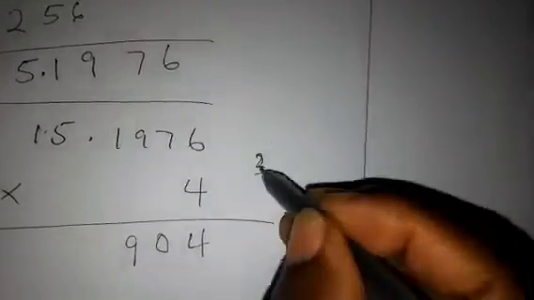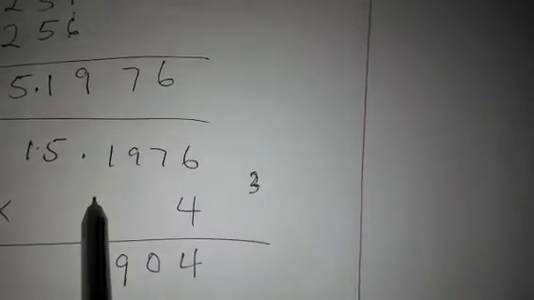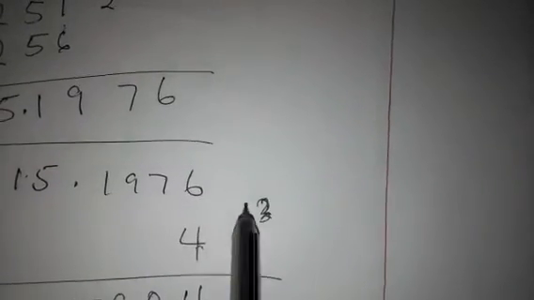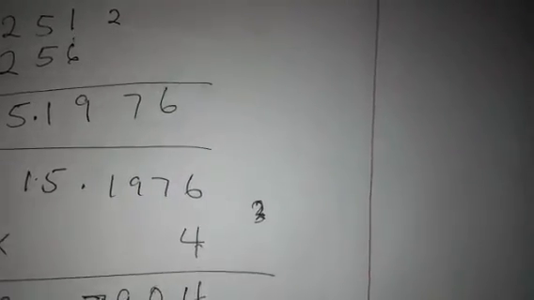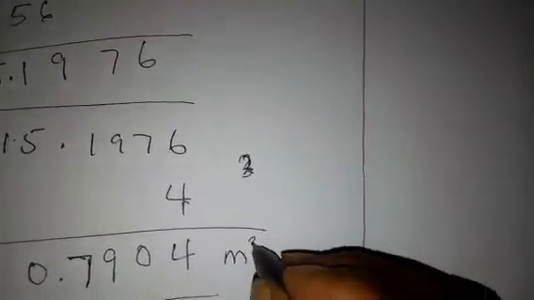You write 9, remainder 3. 4 times 1, 4, plus 3 gives you 7. 4 times 5 gives you 20. You write 0, remainder 2. 4 times 1 is 4, plus 2 is 6. This is our value, and you have 4 decimal places. You move it 1, 2, 3, 4. So this is going to be our final answer, 60.7904 meters cube.